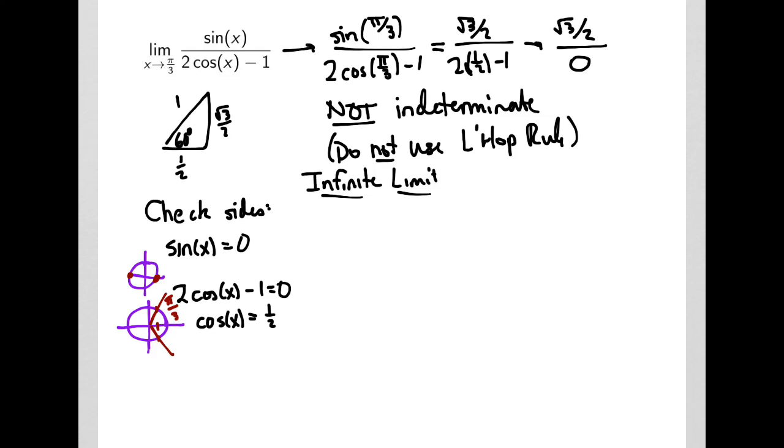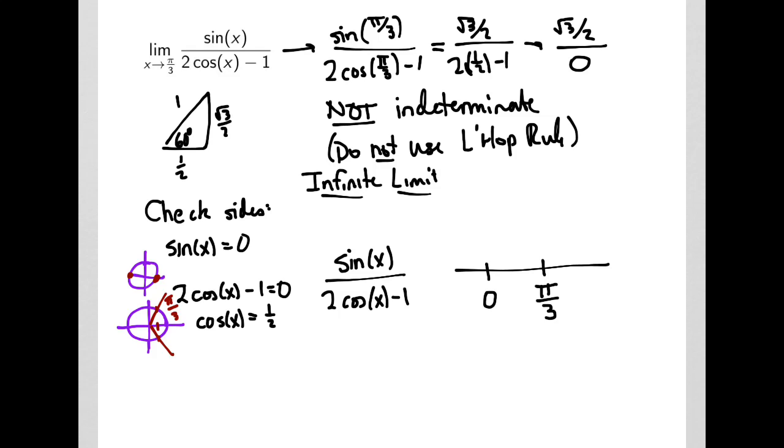So if I'm going to do my sine analysis of sine of x over 2 cosine of x minus 1, the angle we care about is here at pi over 3. And we learned that we have to worry from 0 to pi. And those are the only points where it can change sign. Now, beyond that, I have infinitely many points, but I just need to worry about these two signs.